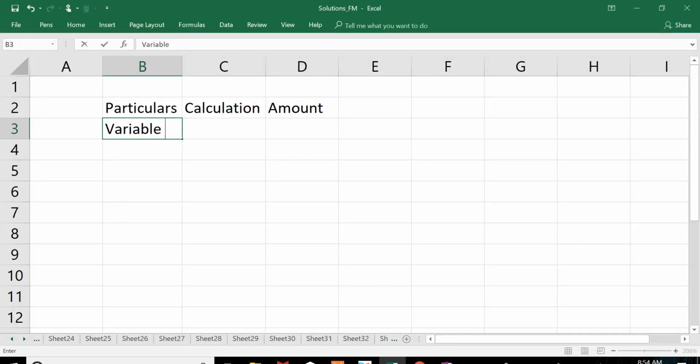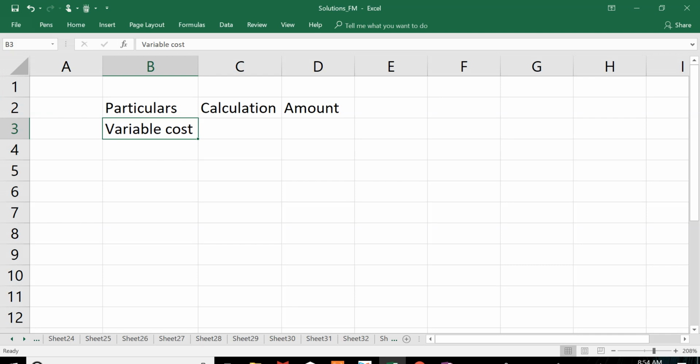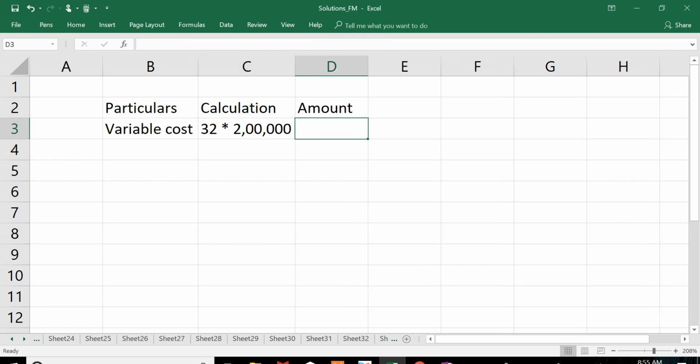Variable cost: I can do it at a per unit level or also at an overall level. I am doing it at an overall level. Variable cost 32 into 2 lakhs. Fixed cost: it's profit on full cost basis, so fixed cost has to be taken.